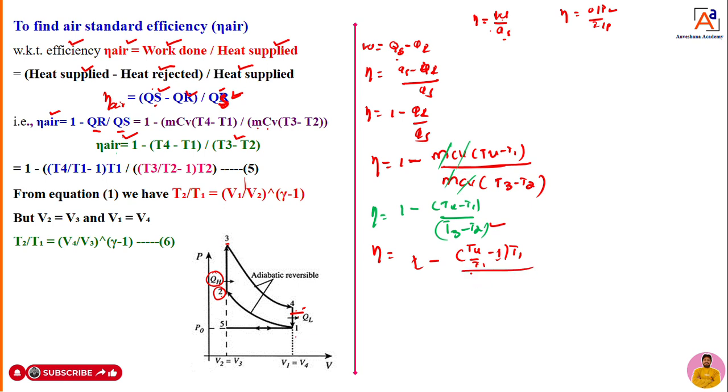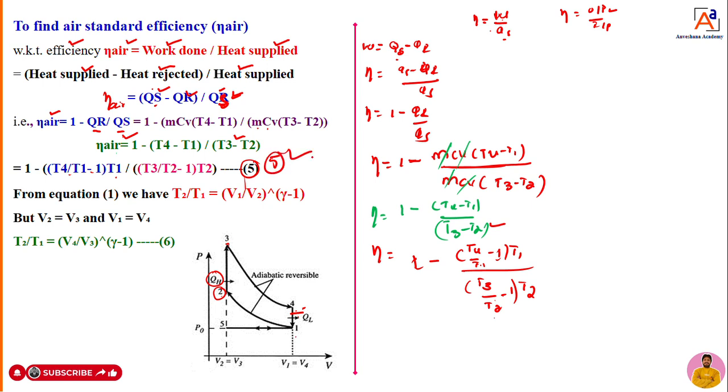Similarly, I am taking T2 outside in the denominator, that is T3 divided by T2 minus 1, into T2. This is the same equation written in another form, 1 minus (T4/T1 minus 1) into T1 divided by (T3/T2 minus 1) into T2. That equation I call equation number 5.